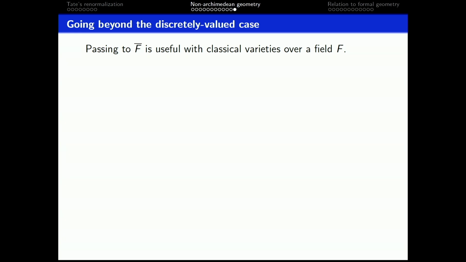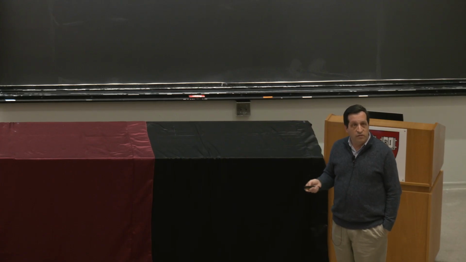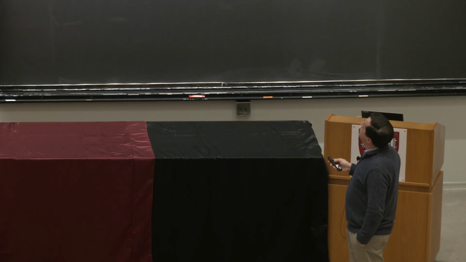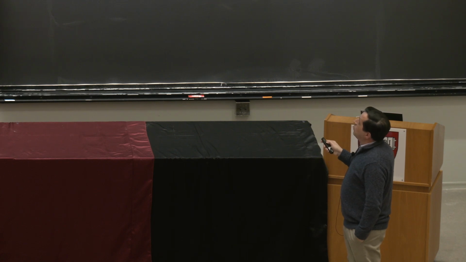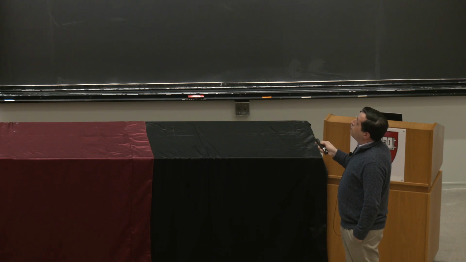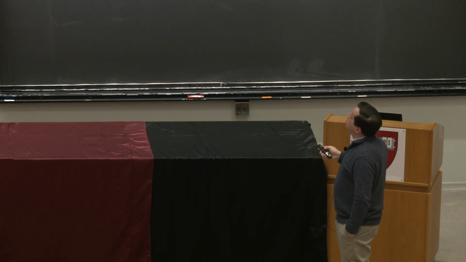Okay, so I want to mention one last topic on this before we switch to formal geometry. In usual algebraic geometry, we often find it useful to pass to an algebraically closed base field, right? That's really convenient for a lot of technical and computational purposes. And so similarly, in developing rigid analytic geometry, Tate recognized right away that it's very useful to have the theory not just over a perhaps discretely valued k, but over the completed algebraic closure, which is never discretely valued.